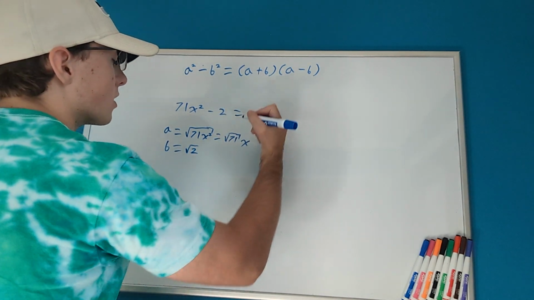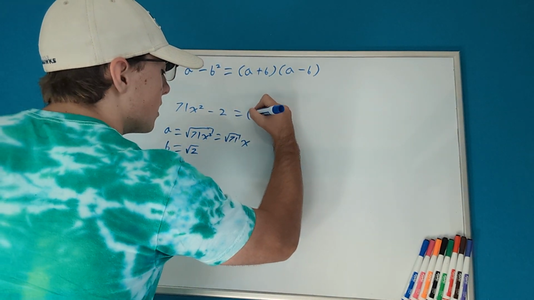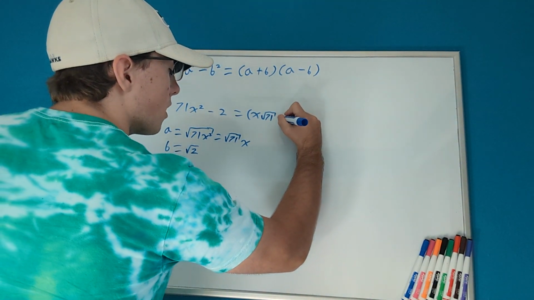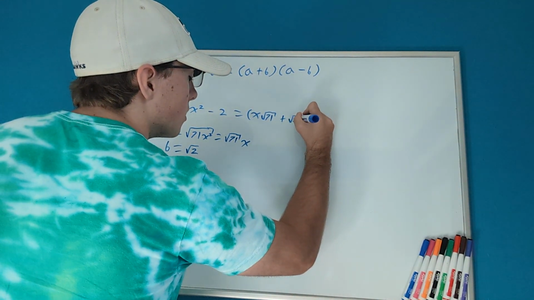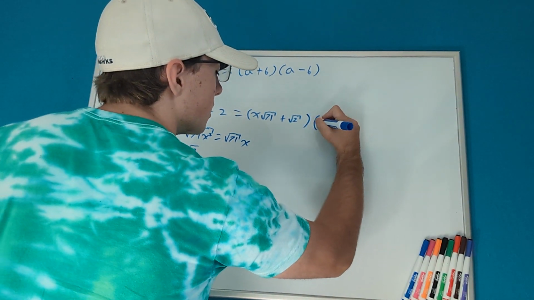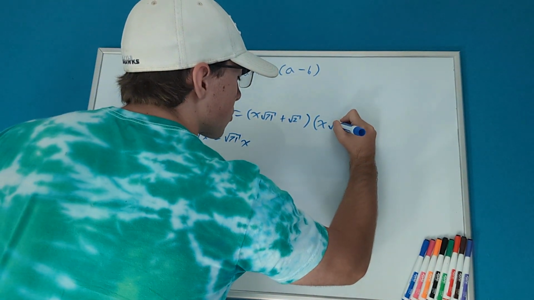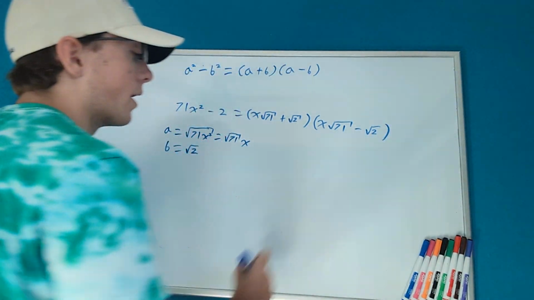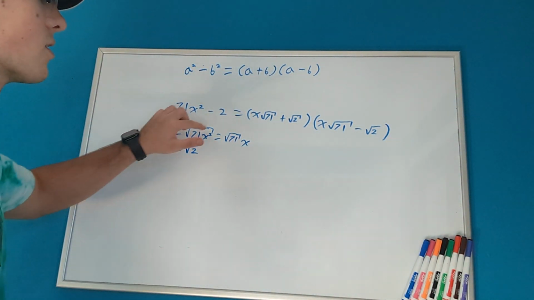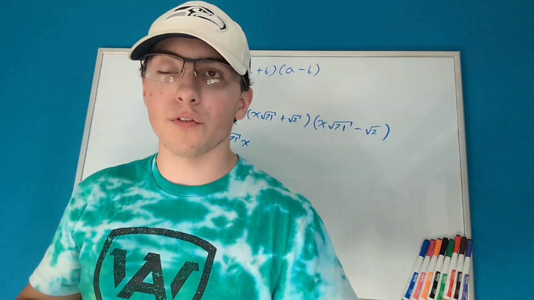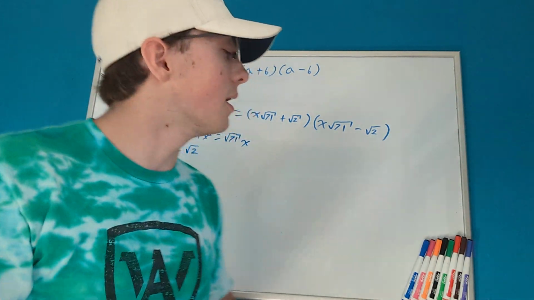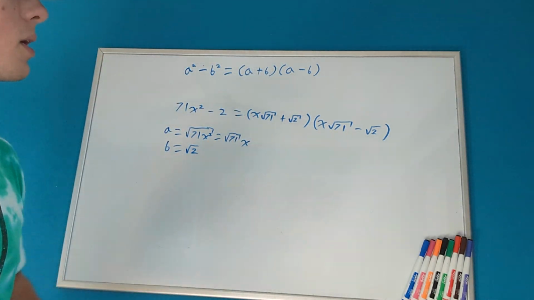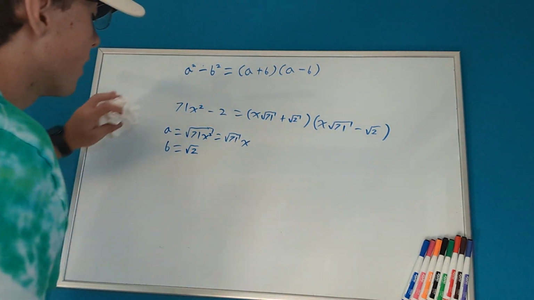So if we want to factor this, we can say that this is x times the square root of 71, plus the square root of 2, times x times square root 71 minus the square root of 2, right? So as you can see, we have factored this, and these weren't perfect squares, right? So they don't have to be perfect squares. Most of the time you're using it, they will be perfect squares, but they don't have to be perfect squares in order for you to use this, right?